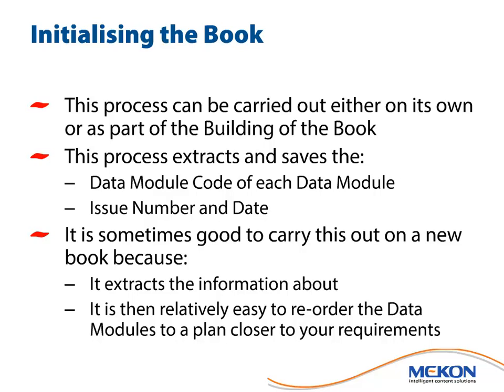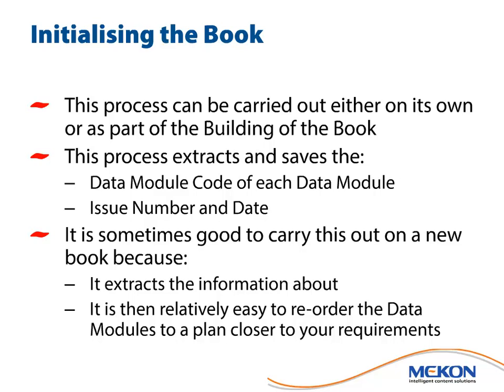Now the initialization can be carried out either on its own, and that's preferable when you have a new book, because if there are any errors in it, it'll flag them and you don't have to go through the book building process, or as part of the book building process itself. What it does is extract the data module code of each data module, the issue number and date.